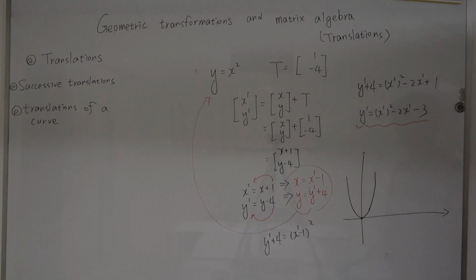What happened for the new one? You can draw a new one. For the new one, you find the turning point. x' equals negative b over 2a, so equal to 1. That's the turning point. We find the y turning point.